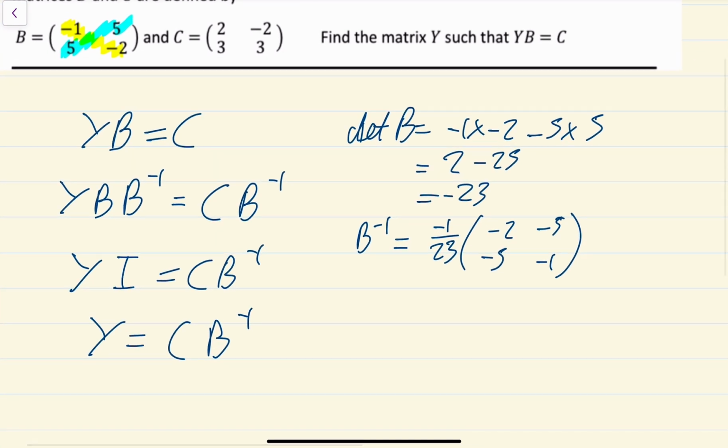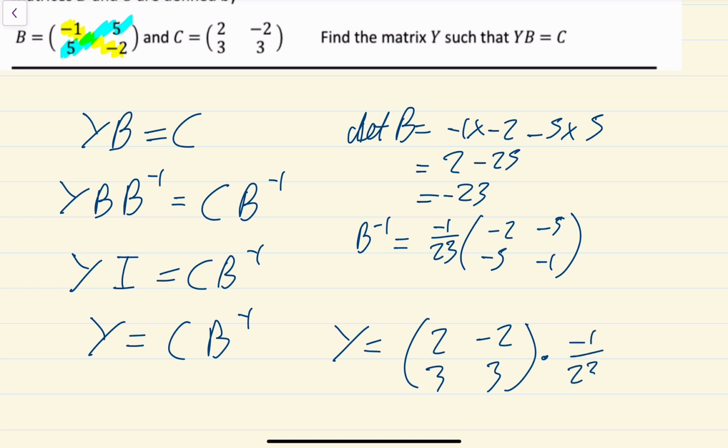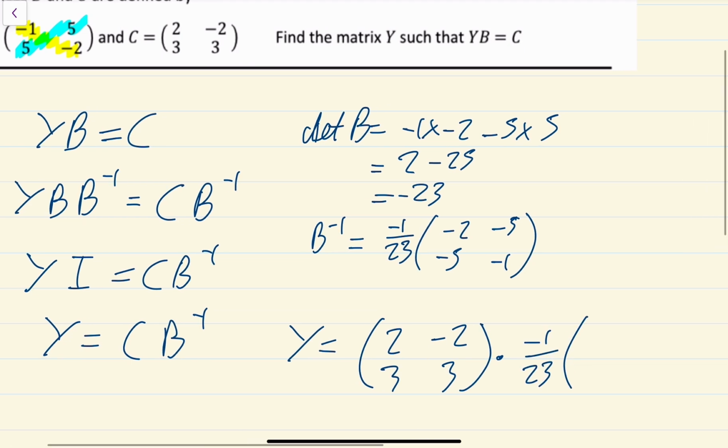Okay, we're ready to get started then. Y is equal to our C, which is 2, minus 2, 3, 3, times minus 1 over 23, times our inverse of B, which we've just worked out to be minus 2, minus 5, minus 5, minus 1.